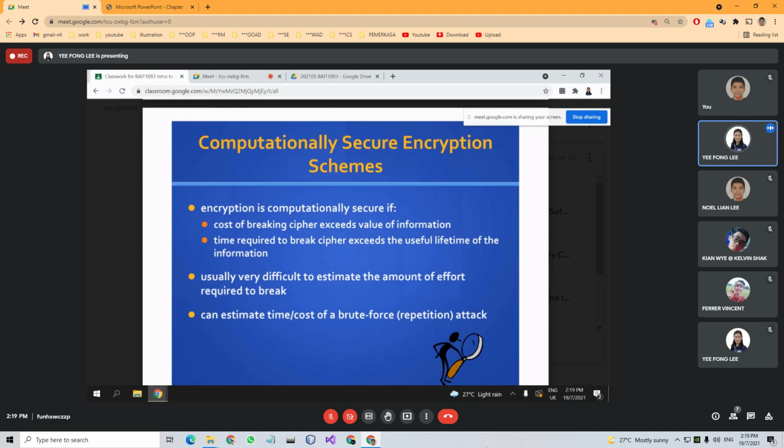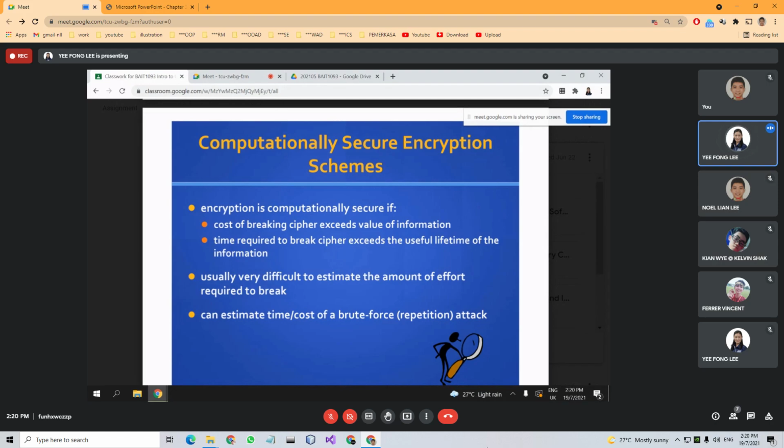We assume there are no inherent mathematical weaknesses in the algorithm. Assume we use a brute force approach. They still have to estimate cost and time, but it is not easy to estimate precisely.